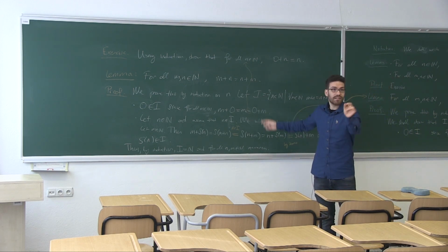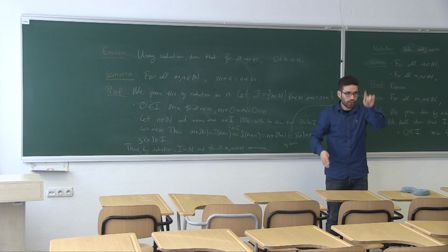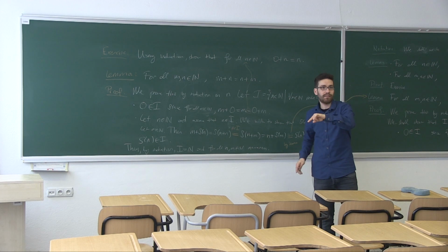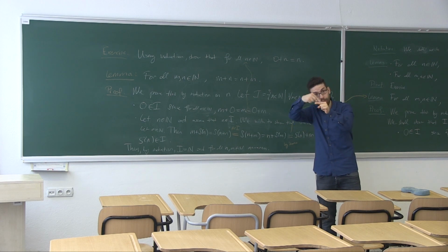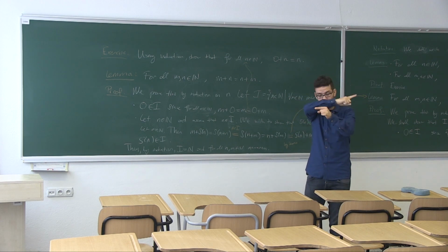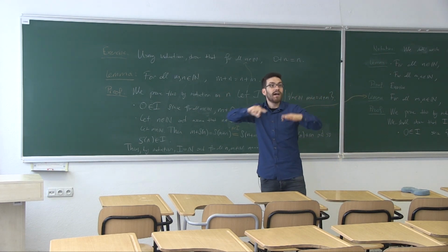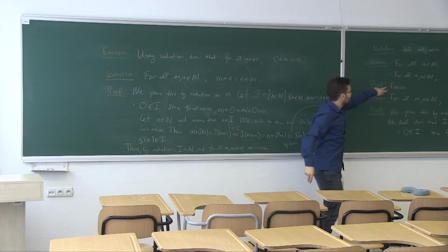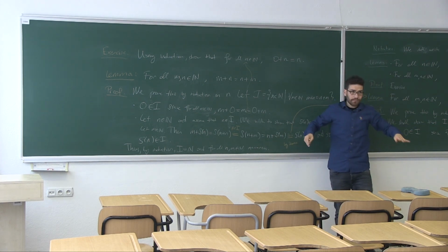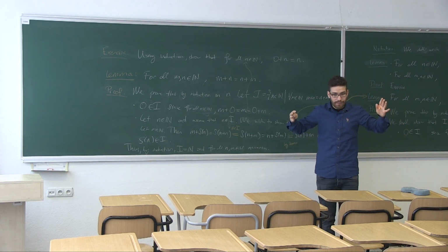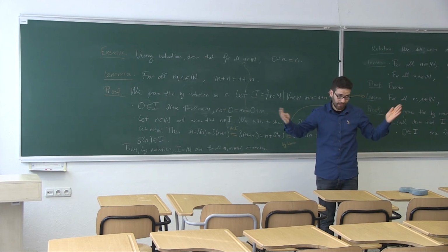Try to prove that addition is associative. That's an exercise, okay? You'll realize that at some point you will need some other identity. Then you have to prove that before completing the other thing. That will probably require some other identity, and at the end you're going to go back to basics, which means that you can complete the whole proof, but it's just going to take a lot of time.